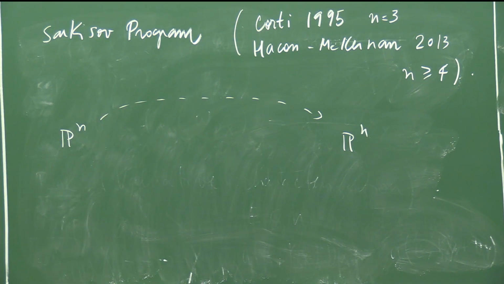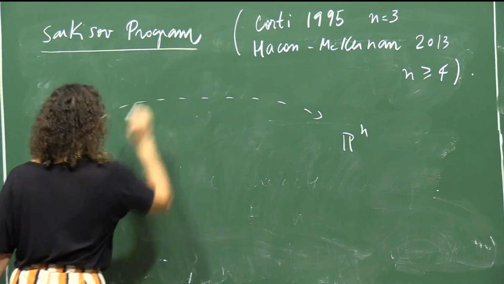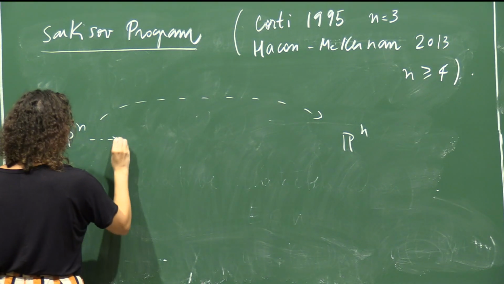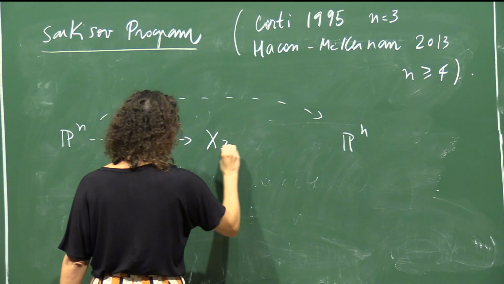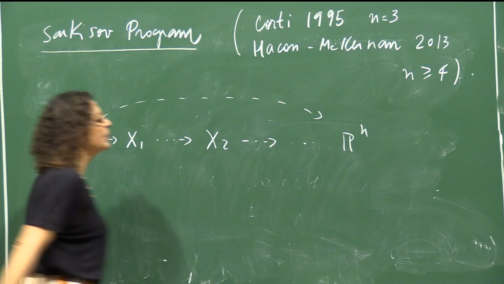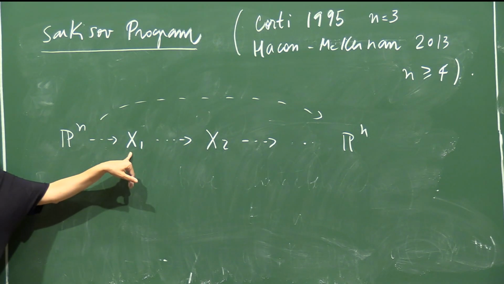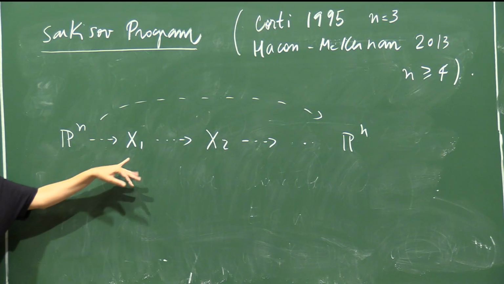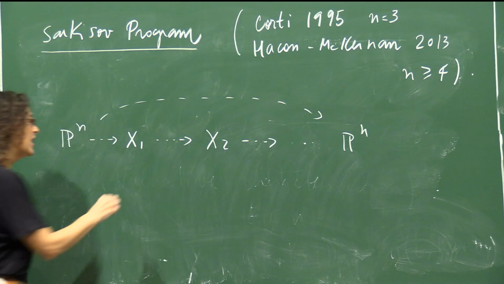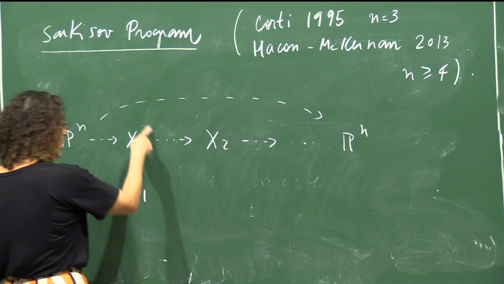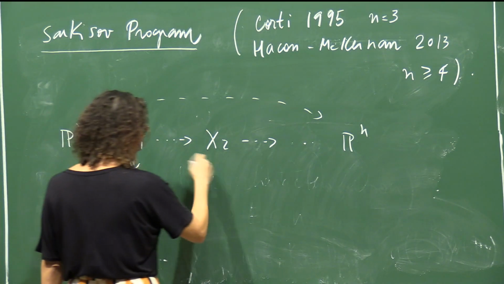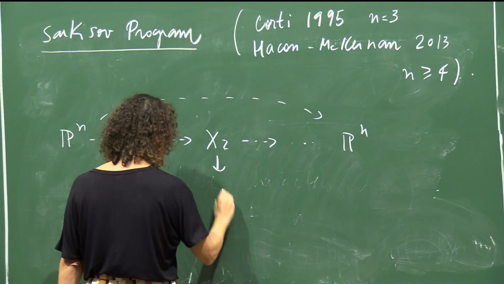What the program tells you is that there is a factorization into simpler birational maps. But you have to be careful here because the intermediate varieties may not be Pn itself. Instead, they are what we call a Mori fiber space. This is a certain projective variety together with a fibration structure.